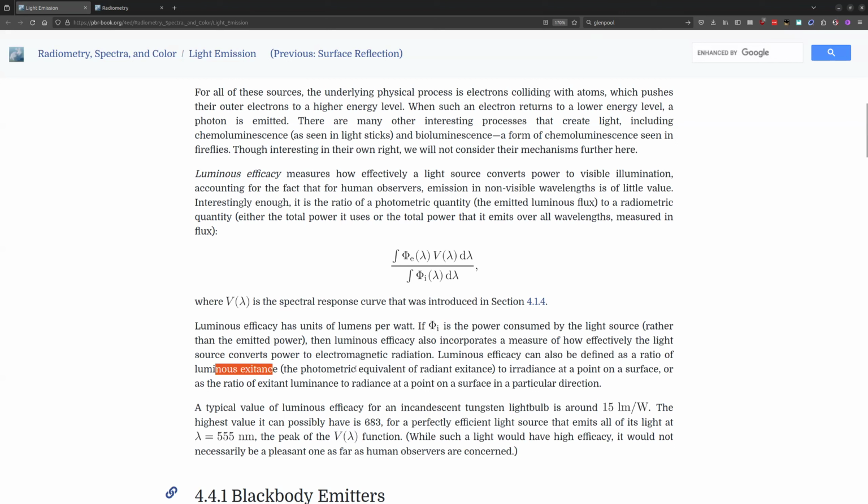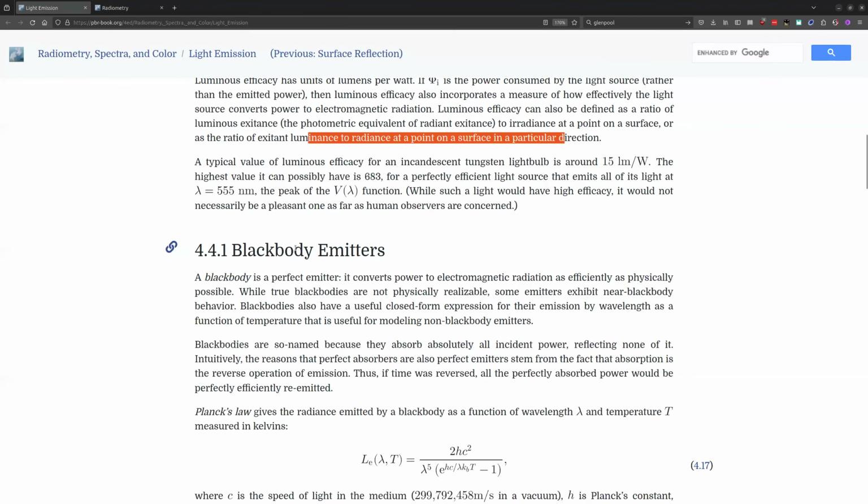Ratio of luminous excitance to irradiance. Okay, photometric radiant excitance to the radiometric irradiance. Okay. So an incandescent tungsten light bulb is 15 lumens per watt.